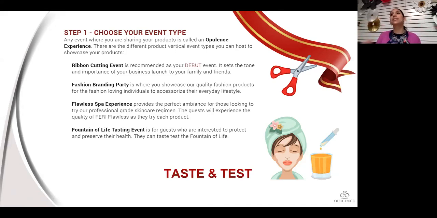It's going to be amazing. And then we call it the ribbon cutting. You can actually have a ceremony of you cutting the ribbon, opening the doors of a new business, creating the awareness with your friends and family that you are now in business. And you're going to show beauty, fashion, and health, but we call it the ribbon cutting event.